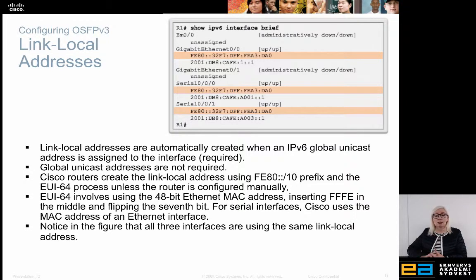This is only significant on the local link, and we might as well have the same link local address on all our interfaces because they will never be advertised out, but we can use them to send information out to our local link. By default, if you don't do anything, it will automatically be set up with a link local address.